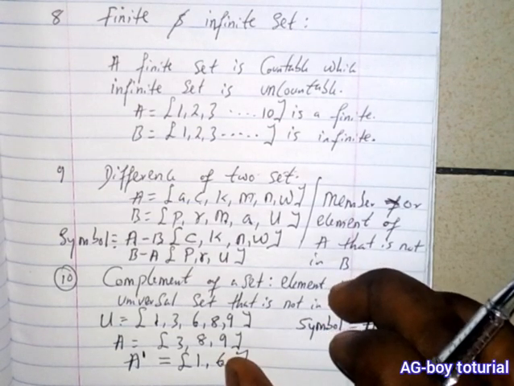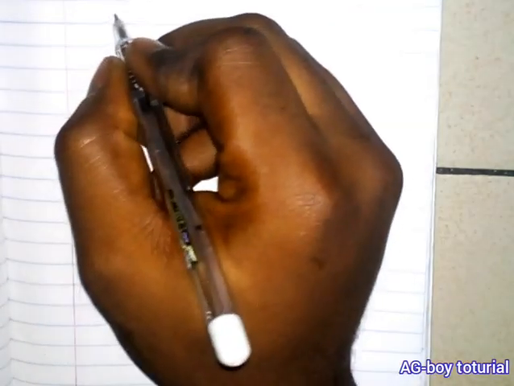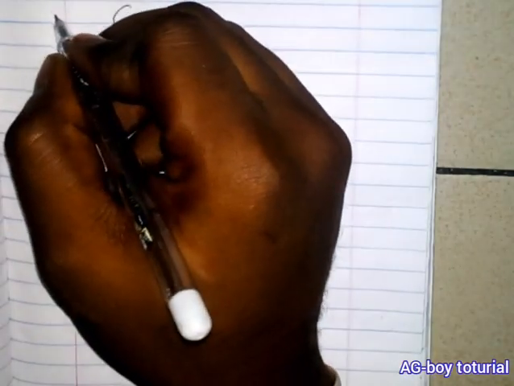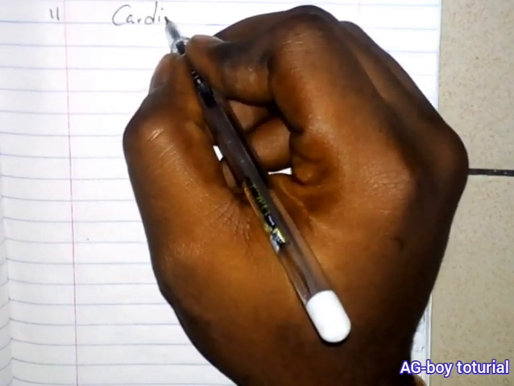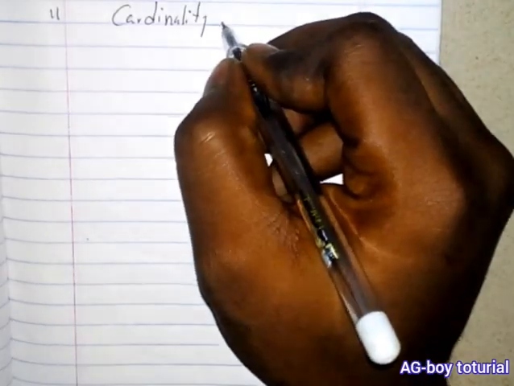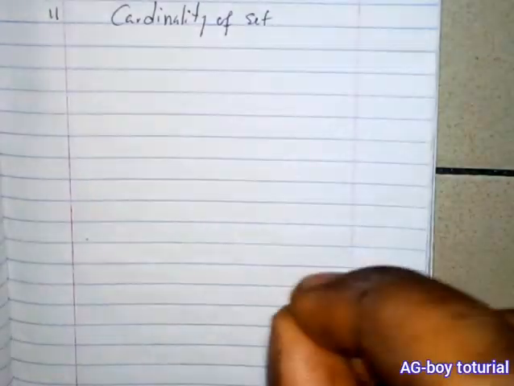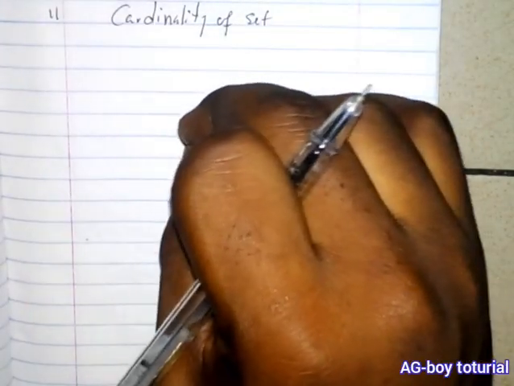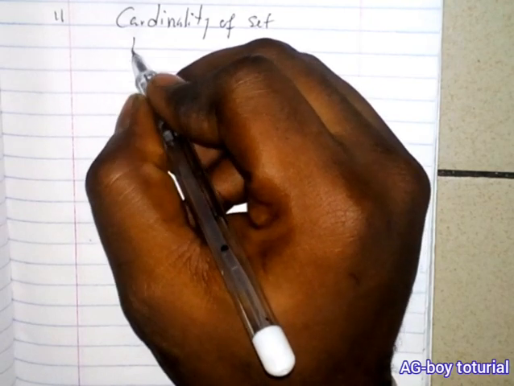That's for number 10, and number 11, we have cardinality of set. Cardinality of set looks like power set, but there is a little difference between them.